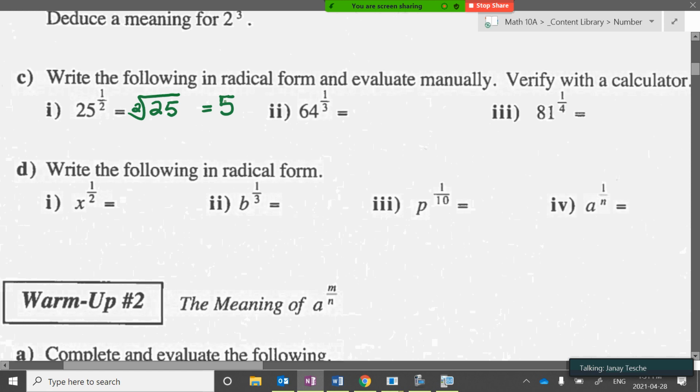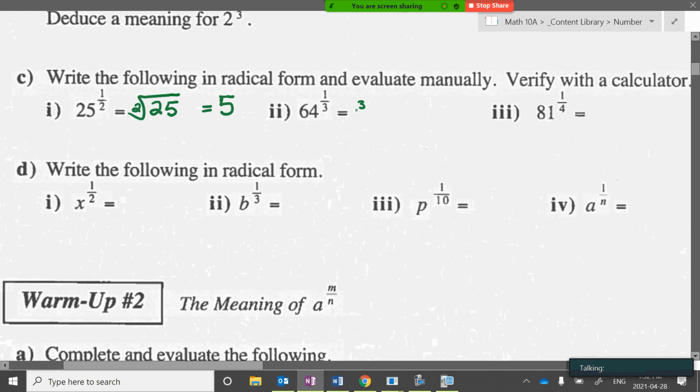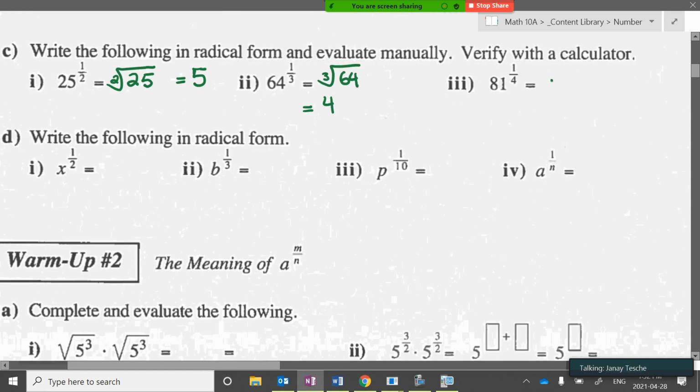Same idea, 64 to the power of 1/3 becomes the cubic root of 64. My denominator becomes your index, or your root. So the cubic root of 64 is just 4. 81 to the power of 1/4 becomes the 4th root of 81, which is 3.